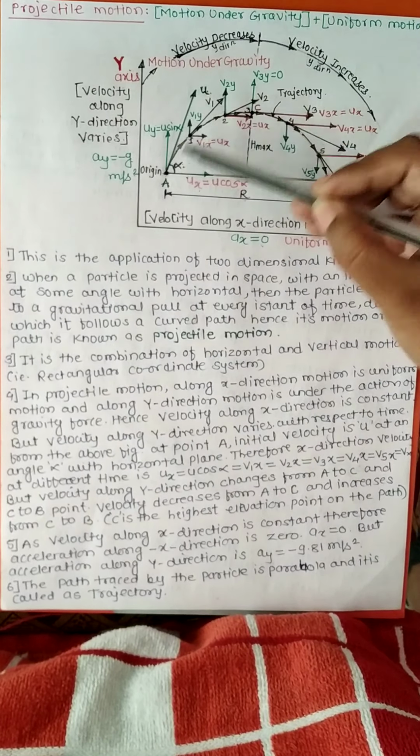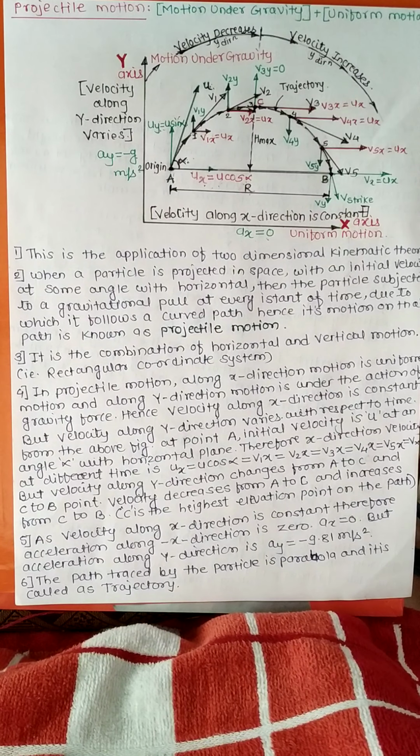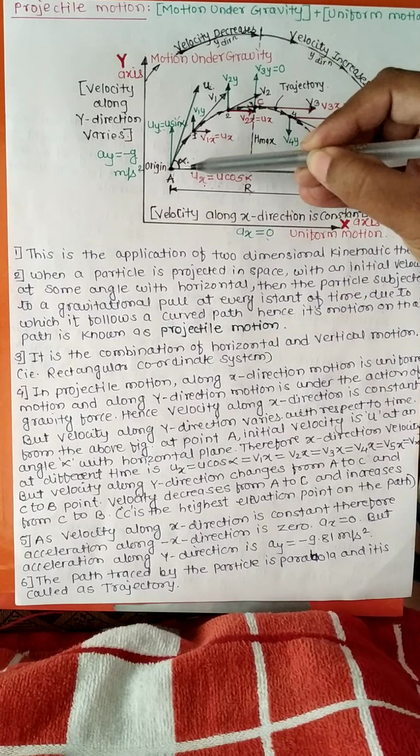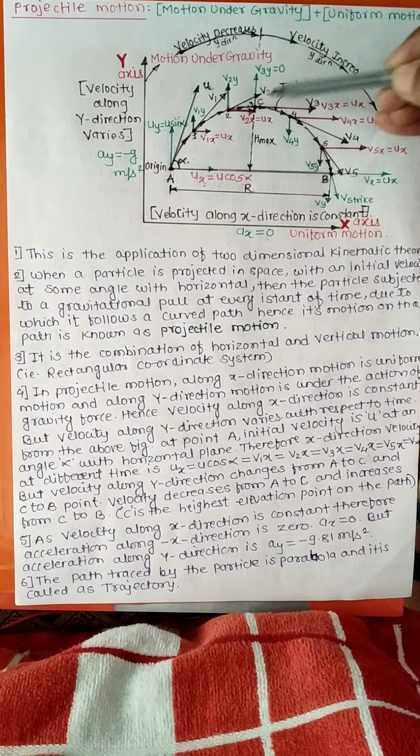In projectile motion, the velocity along the x direction is constant. Therefore, along the x direction acceleration is 0. But when we analyze in the y direction, the acceleration along the y direction is minus g meter per second square. It means acceleration due to gravity along the y direction is constant. Therefore, the y component of velocity varies at every instant of time.